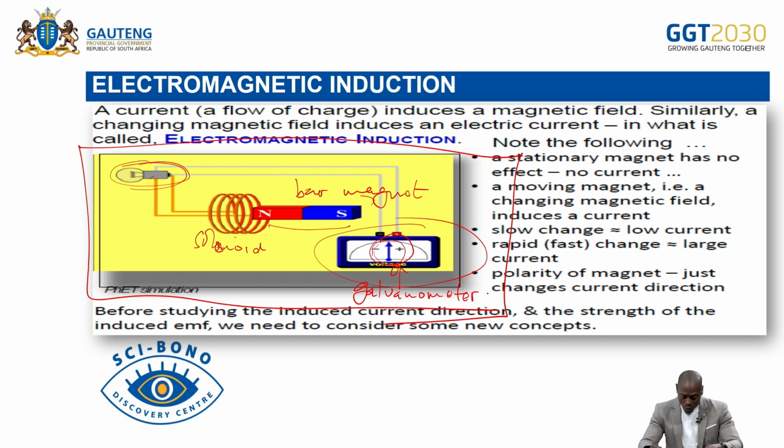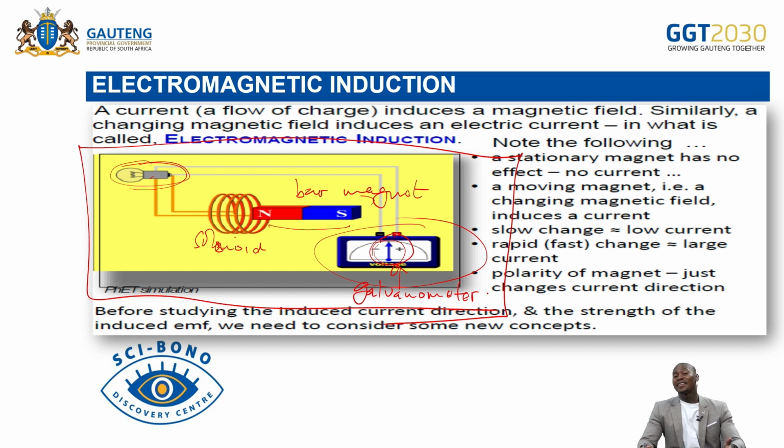Then, what are they saying here again? If you move the magnet in and out of the coil faster, what will happen to the amount of current that is induced in that coil? It will increase.